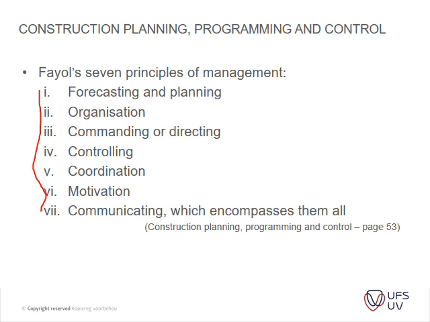Please have a look at these principles. They are forecasting and planning, organization, commanding or directing, controlling, coordinating, motivating, and communicating, which encompasses them all. You would have to be able to explain these criteria in broader terms, so you can have a look on page 53 of your textbooks.